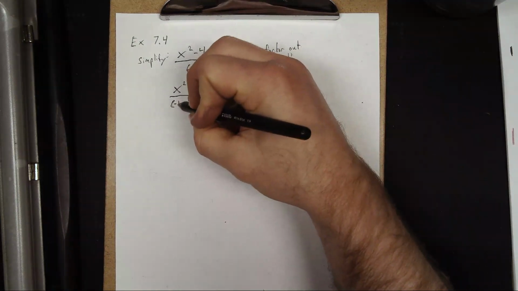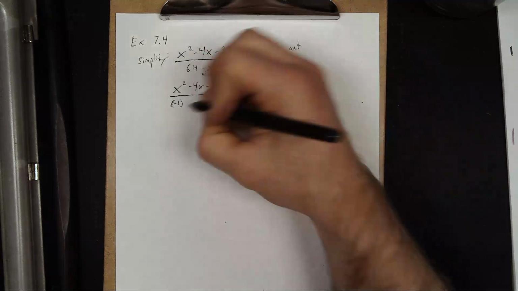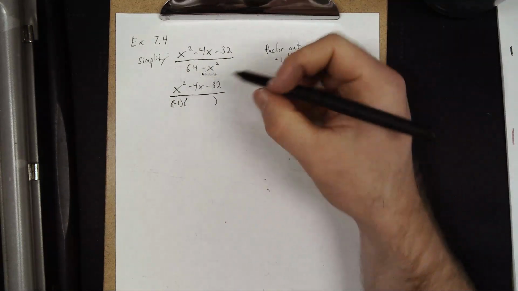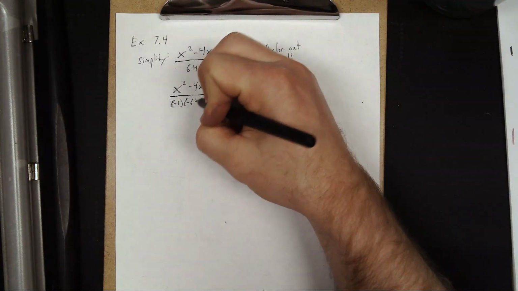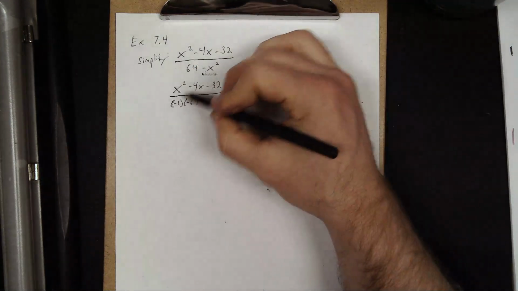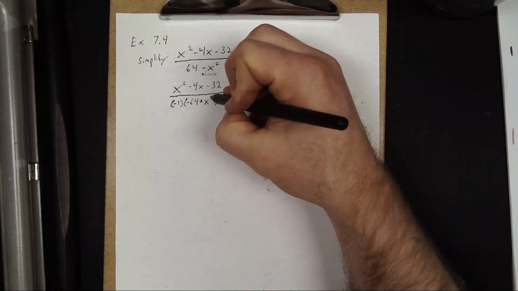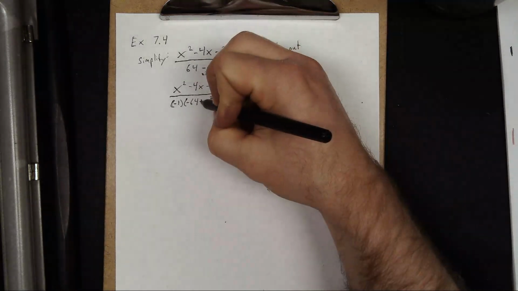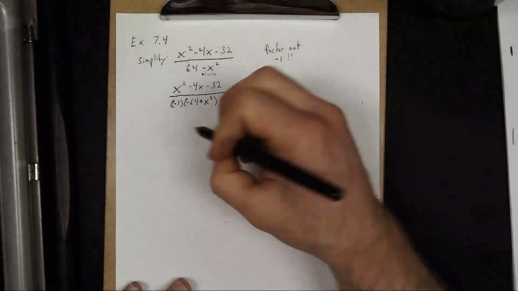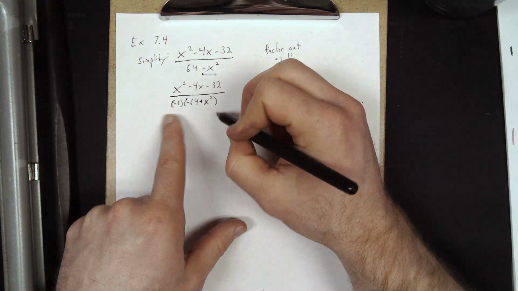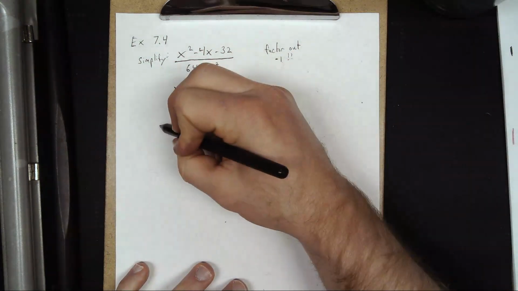But now we got this negative 1 taken out of the bottom. When you take a negative 1 out of positive 64, it becomes a negative 64. And when you take negative 1 out of negative x squared, you get positive x squared. Okay? So at the next step, this negative 1, since it's being multiplied by the bottom, we can just pull it out front.